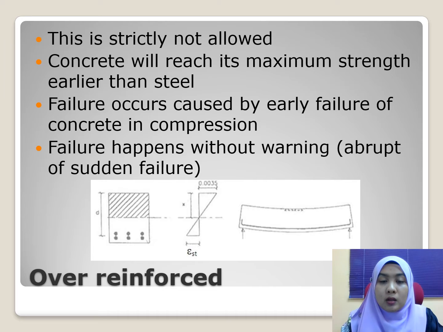This failure will occur without warning, as a sudden failure. So that is why we need to avoid this kind of design. In design we cannot put very little reinforcement, and we cannot put too much reinforcement. It must be balanced so that we can predict the maximum strength of the members.